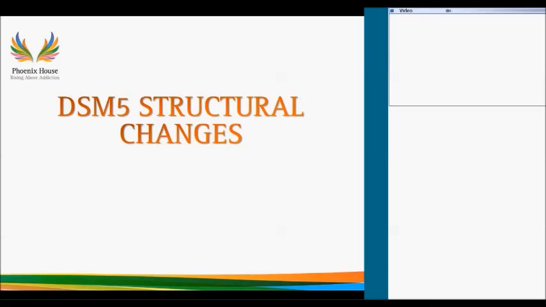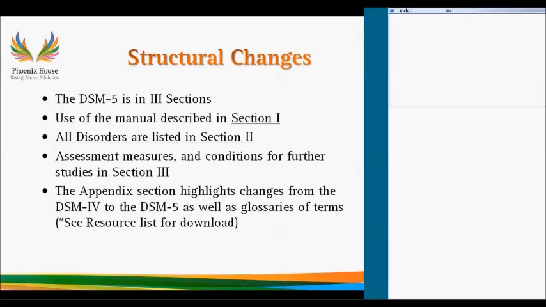So to start today, we're going to go through some of the overall structural changes of the manual. It's actually broken down into three sections. And in section 1, unlike the previous versions of the manual, it's pretty readable, in my opinion. It goes over the overall changes to the manual, how the manual is set up, how it is intended to be used.